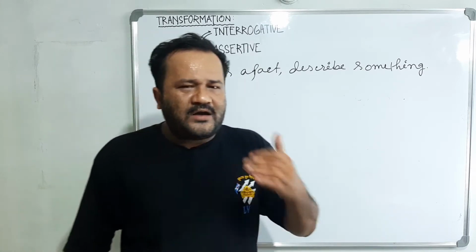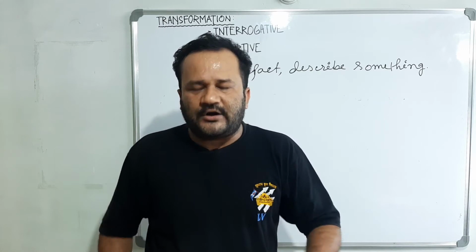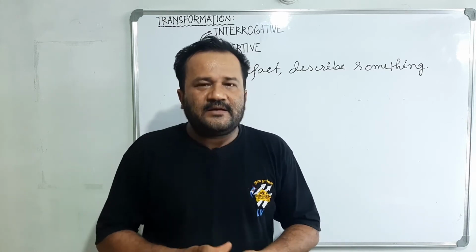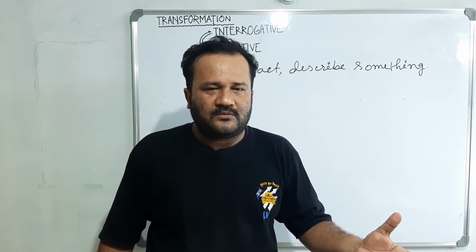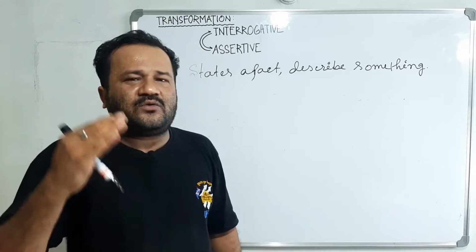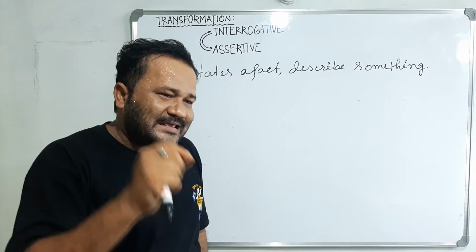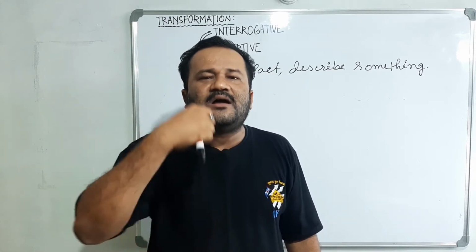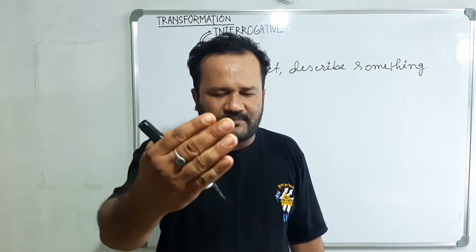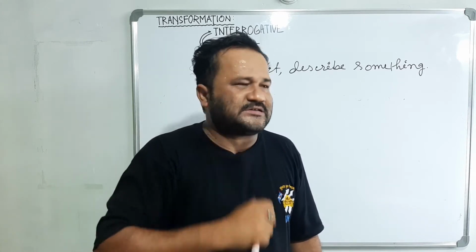If I say, what does your father do? Sorry. If I say, where are you going? Okay. All these are questions. And these questions are asked to elicit some information from the person whom I have asked the question.